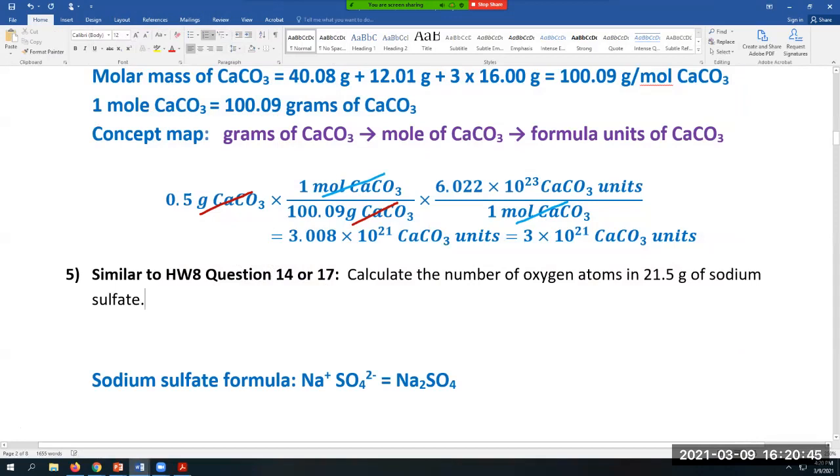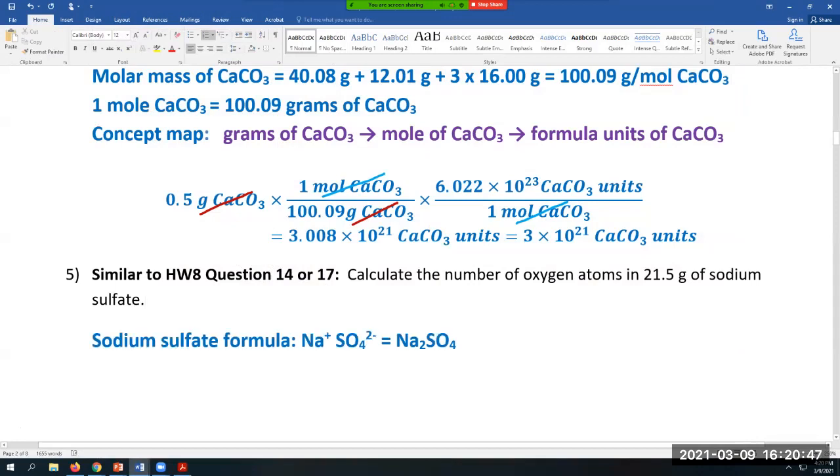So the sodium sulfate will look like this. You take the 2 from the charge of the sulfate, and that becomes a subscript for sodium. And then the sulfate has only 1 subscript, so you will need only 1 sulfate. It makes sense that you need 2 Na plus to cancel the 2 negative charges on the sulfate. So the formula is Na2SO4. That's sodium sulfate.